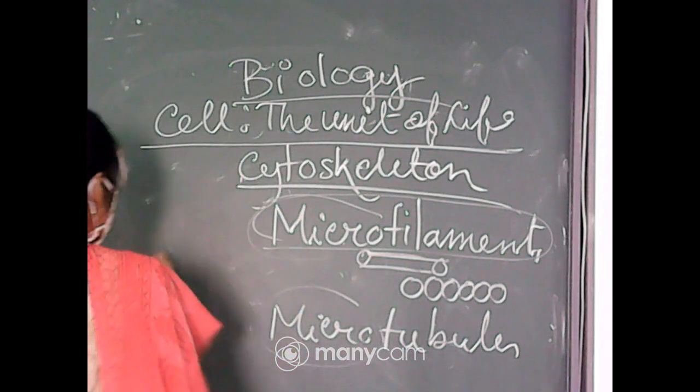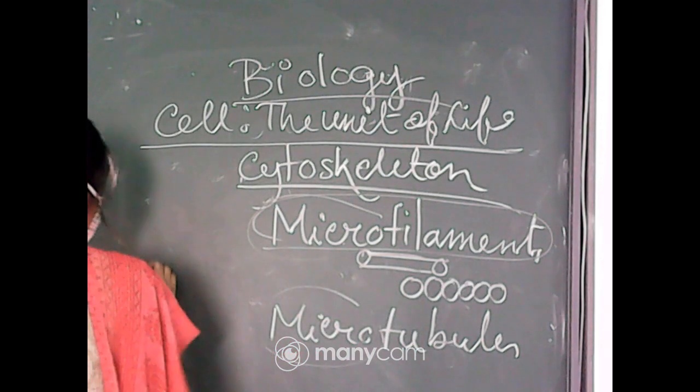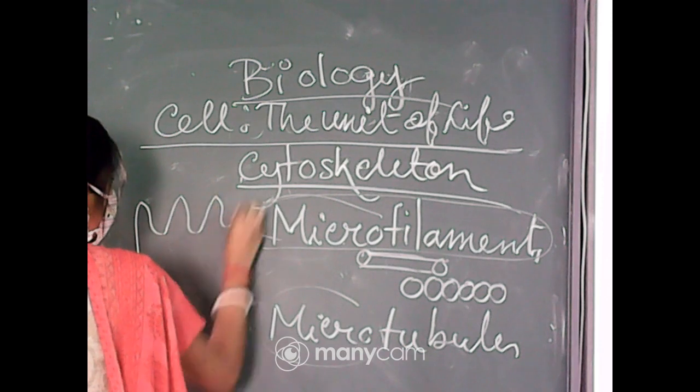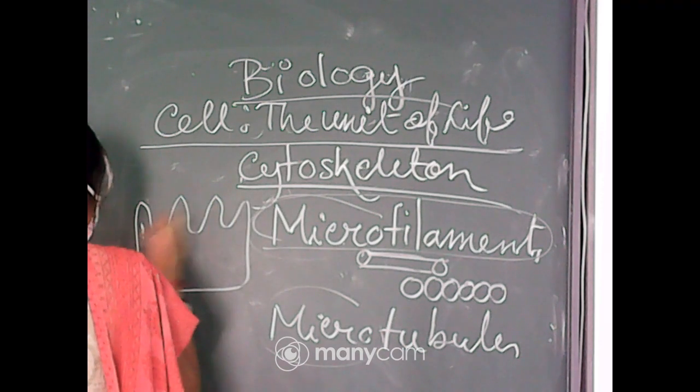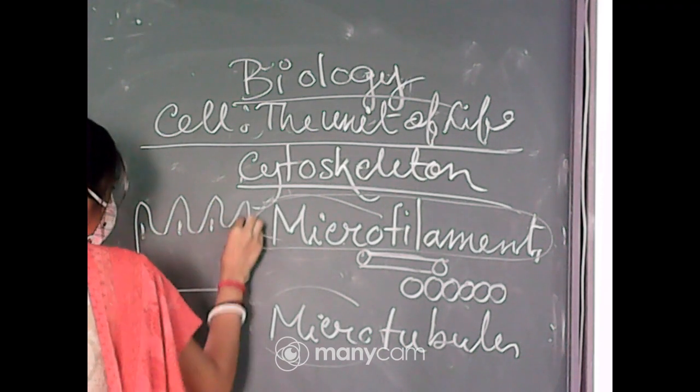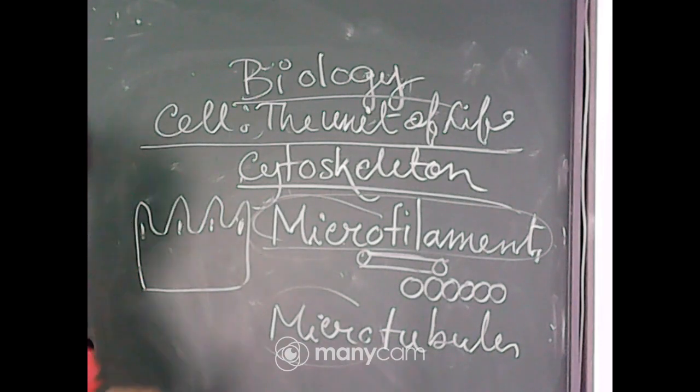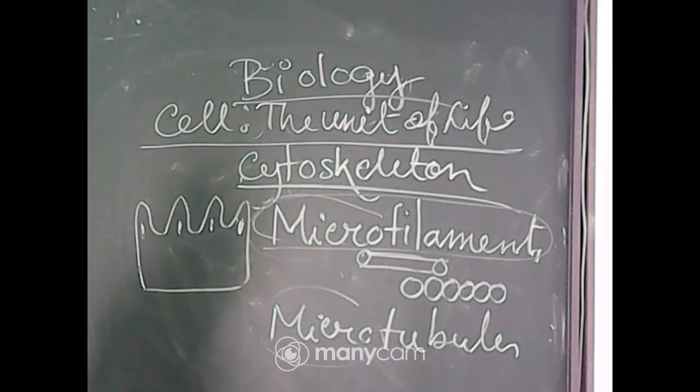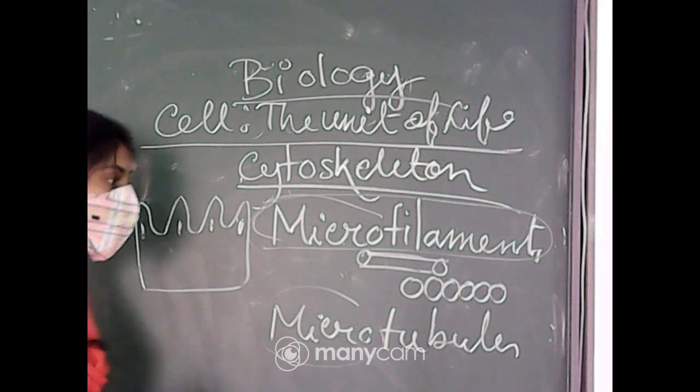So where is the location of this microfilament? It can be present on the microvilli, in the cytoplasm, and in the muscles. This type of microfilament can be found there.